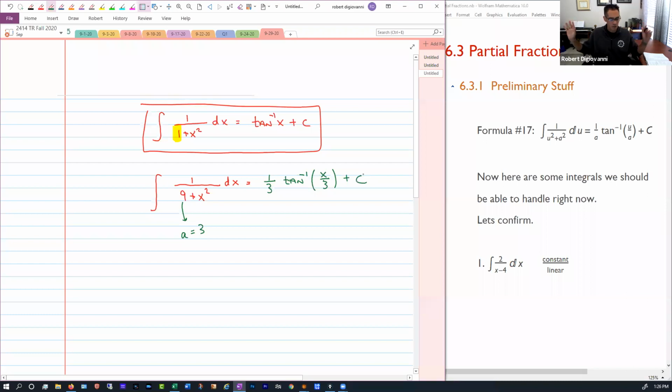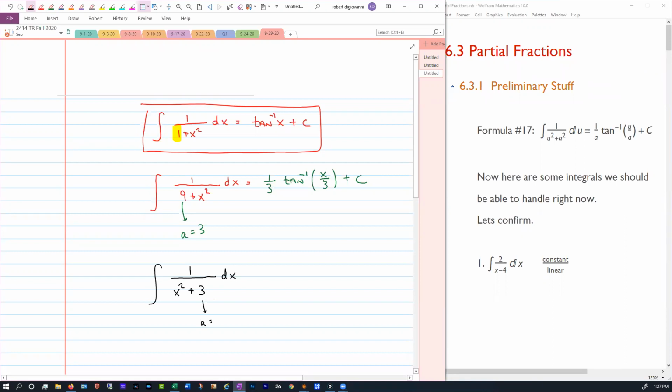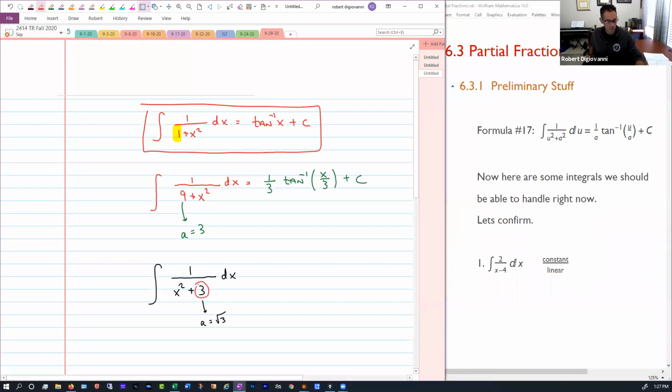No work. Let's do another one. We need to be able to look at that and say, oh yeah, formula 17. A for us this time is what? Square root of 3. What you always have to remember is that whatever this number is, that's a squared.